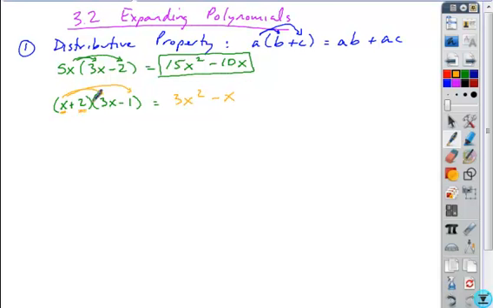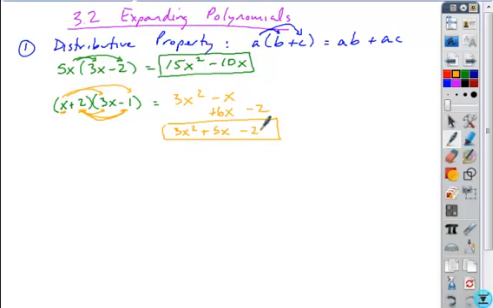And then you move to the next term of that first binomial and you distribute it. 2 times a 3x gives you a total of plus 6x. Notice I wrote it in a vertical stacked method right below the other like term x. And then you distribute this 2 to the negative 1, which is a negative 2. And so when we combine these straight down the columns, we get an overall polynomial of 3x squared plus 5x minus 2.